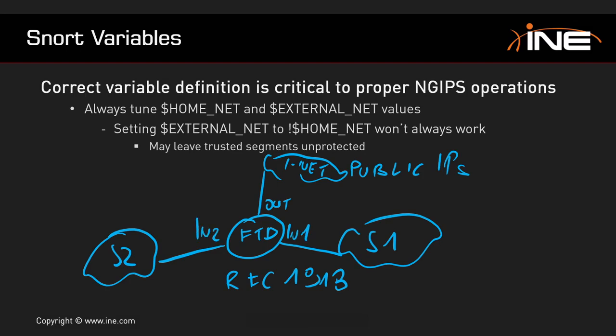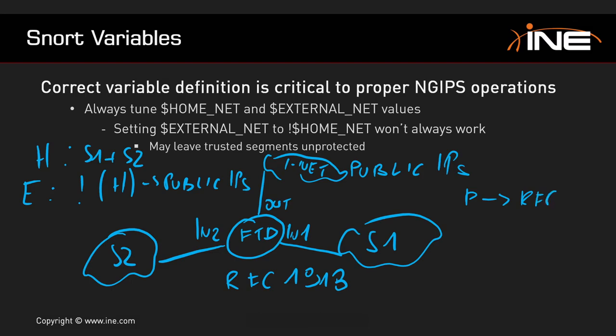Okay, so if you were to set your HomeNet to be subnet 1 and subnet 2, and then you would say that your external net is everything else but HomeNet subnets, which is going to point to public addresses in our case, it would mean that only the traffic that is flowing from the public addresses to private IPs would potentially cause most of your Snort rules to trigger.